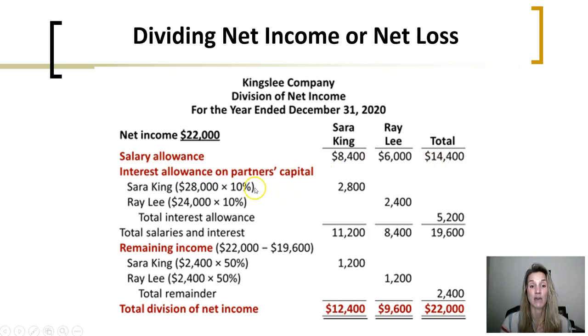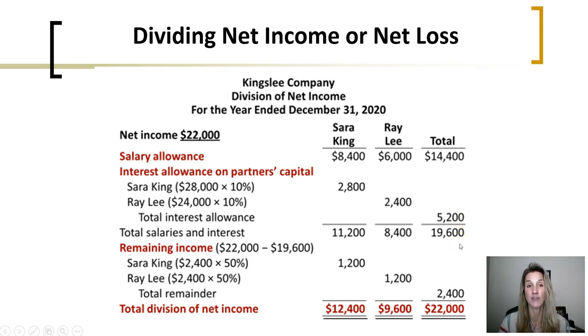Then 10% of their beginning of the year capital balances. King's balance at the beginning of the year was $28,000. Lee's was $24,000. 10% of that will be allocated. The total interest that we are going to be allocating is $2,800 plus $2,400, or $5,200. Salaries of $14,400 plus interest of $5,200.